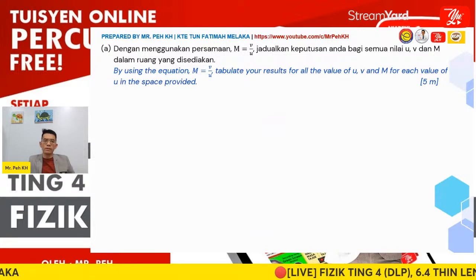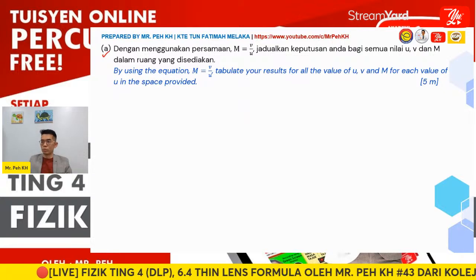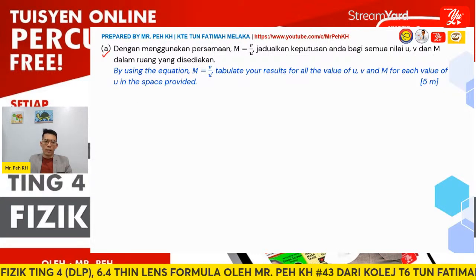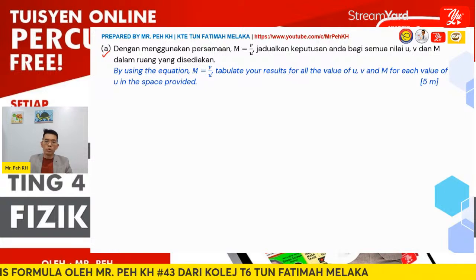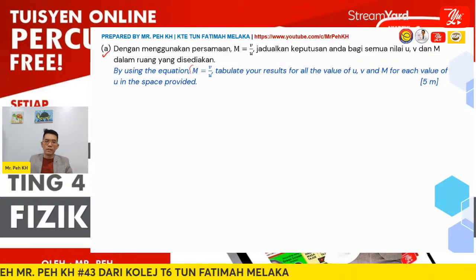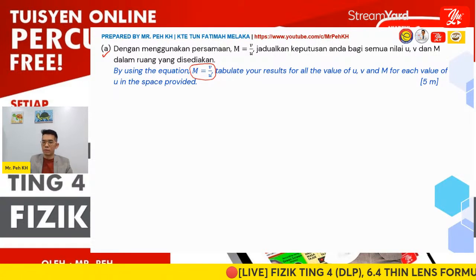Okay, so this is the first question, tabulation. This is a different tabulation of data you are going to measure and calculate. By using the equation M equals V over U, so this is the magnification equation that you already learned at subtopic 6.3, so it's actually related to 6.4.